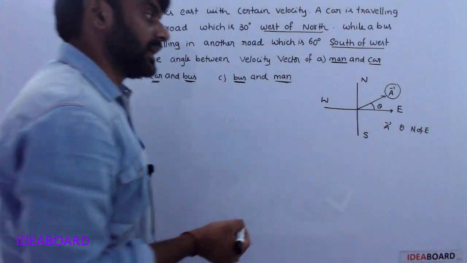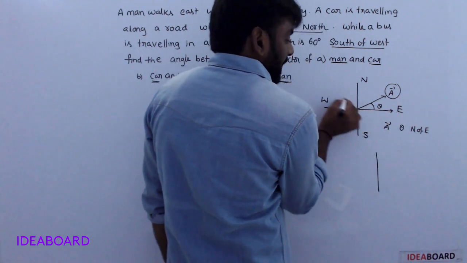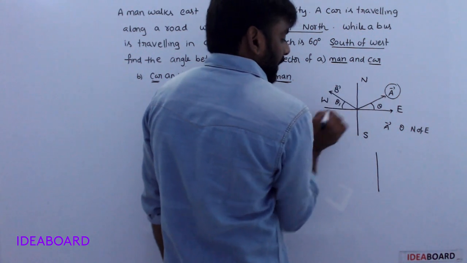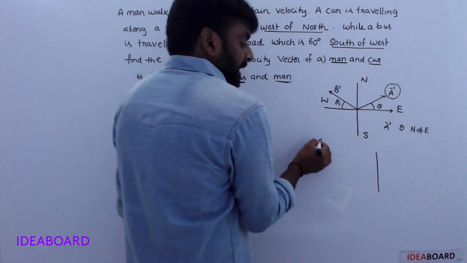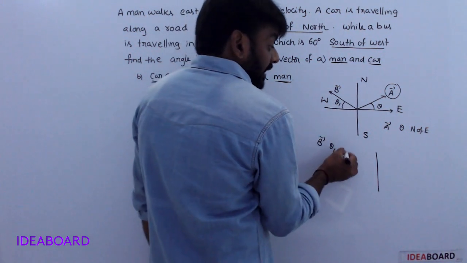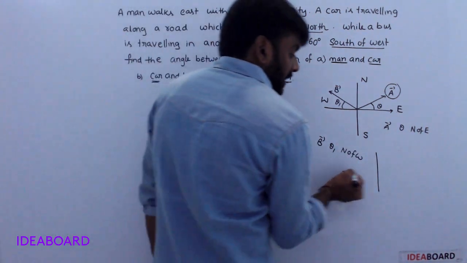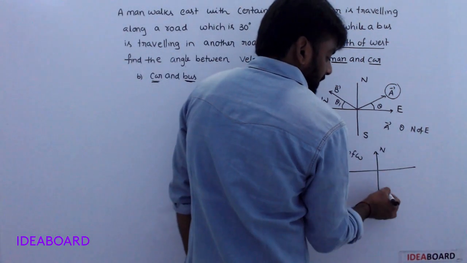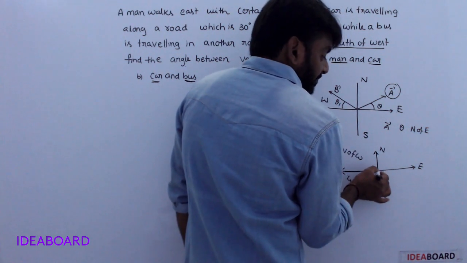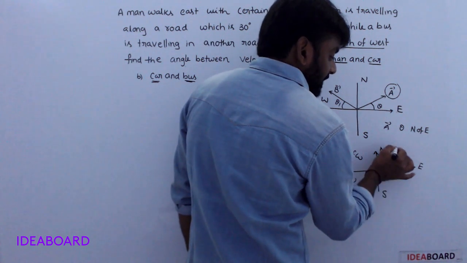Understood? Okay. For example, another vector, this is B bar, theta 1. That means B bar makes an angle theta 1 north of west. Now, north, south, east, west, exactly in the middle. In the middle in the sense 45 degrees.